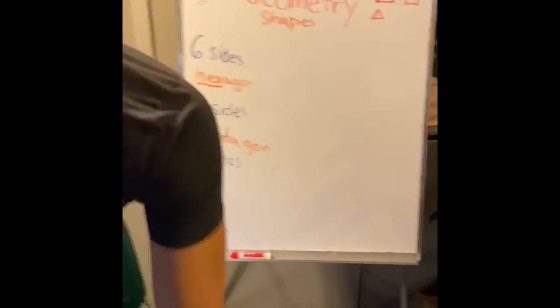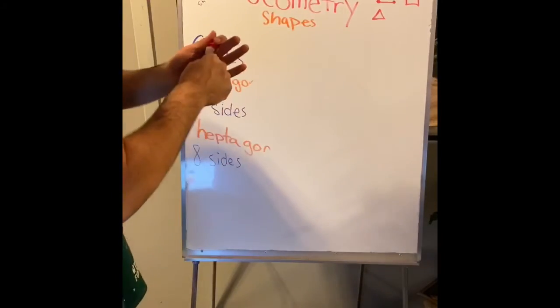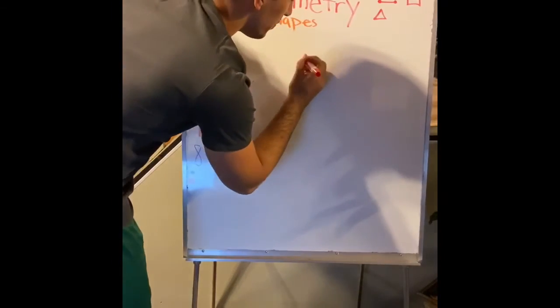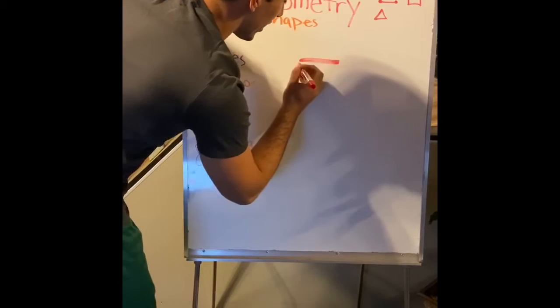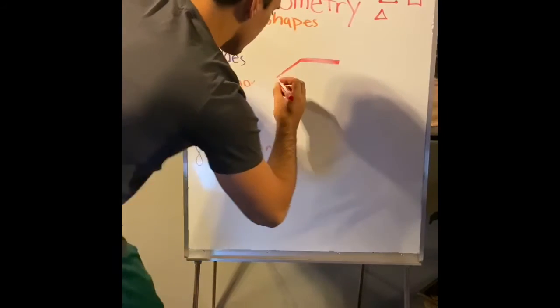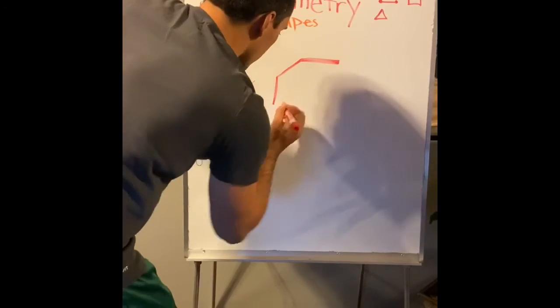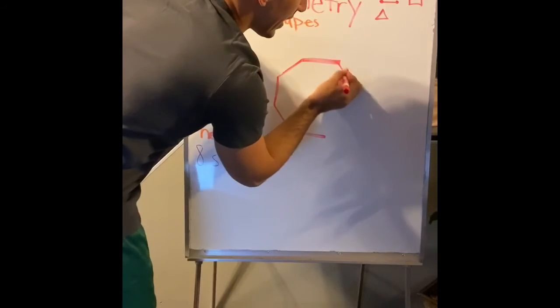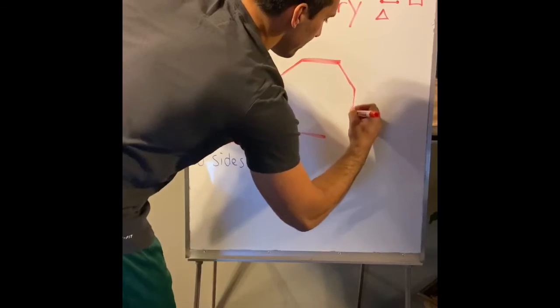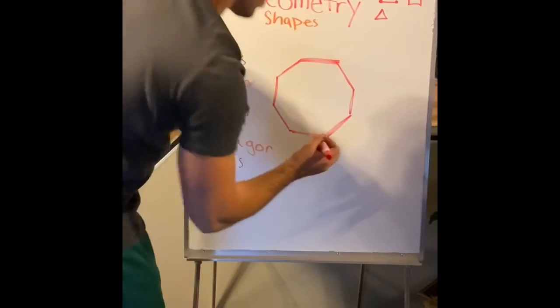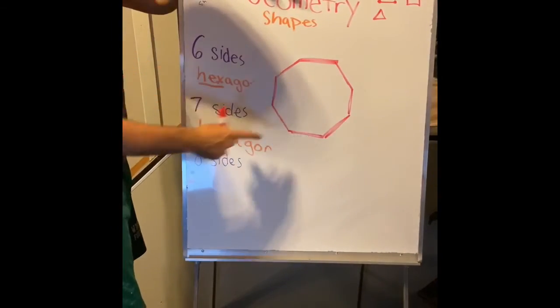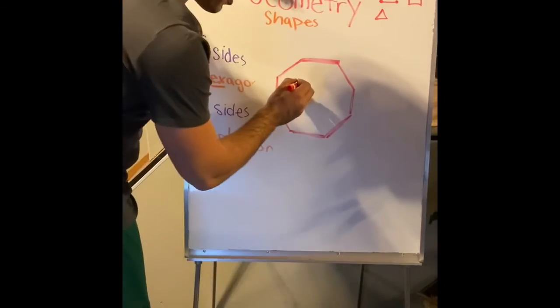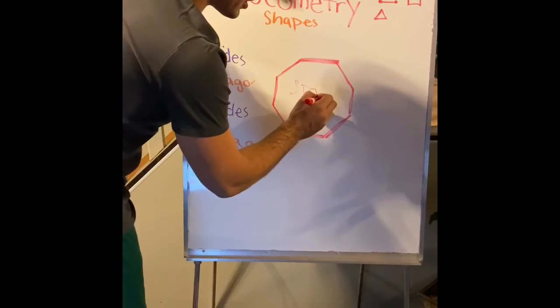And our last one, I'm going to change up the color because it might relate to some of you. This is a red sign you might see, and it's going to be eight-sided. An 8-sided figure, 8 sides. Some of you might remember it because it says stop.